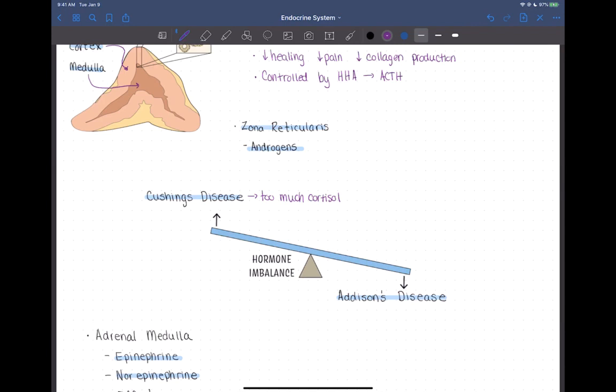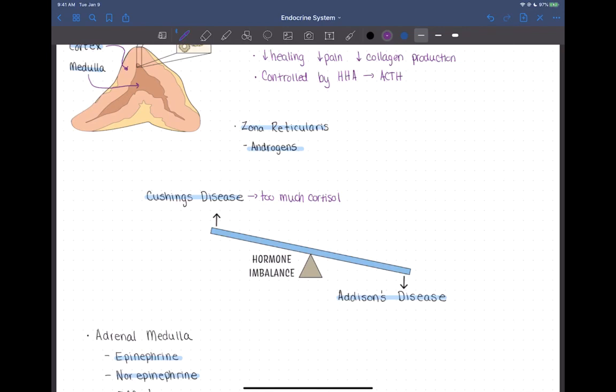It can result from a problem with the pituitary gland, so maybe you have a pituitary tumor causing overproduction of ACTH, or there are other tumors in different organs where the cancerous cells themselves can produce ACTH. Some lung, pancreas, and kidney tumors can secrete ACTH, causing Cushing's disease.